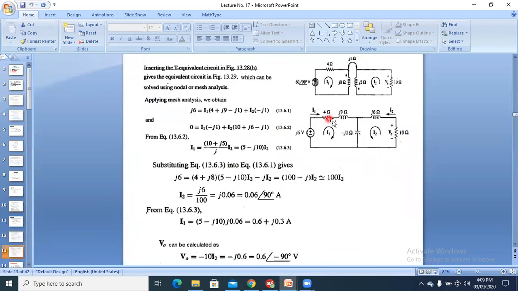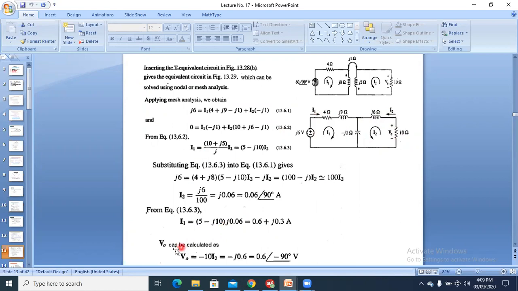Now we have a very simple equivalent circuit. For this, we need to apply mesh analysis and we calculate the values of I1 and I2.